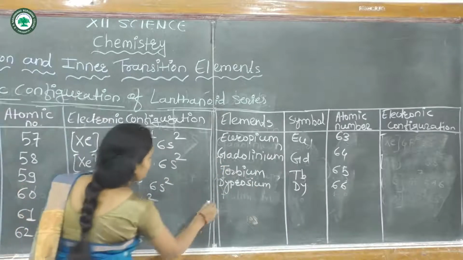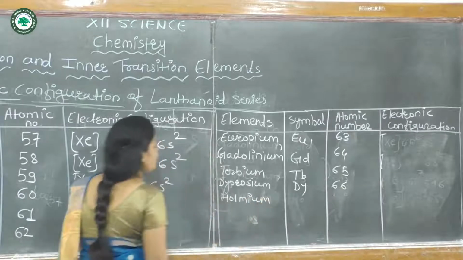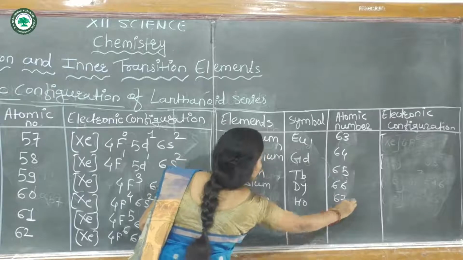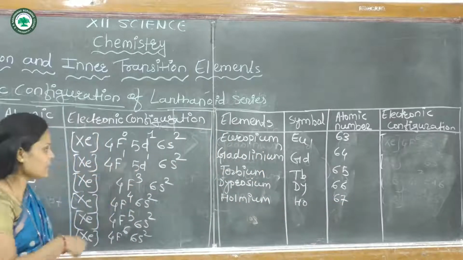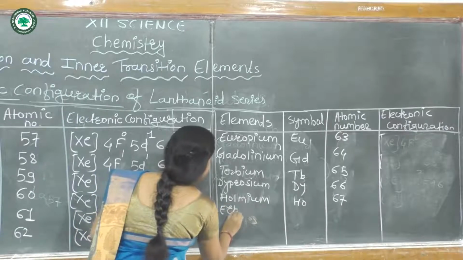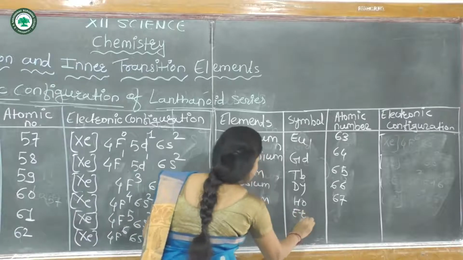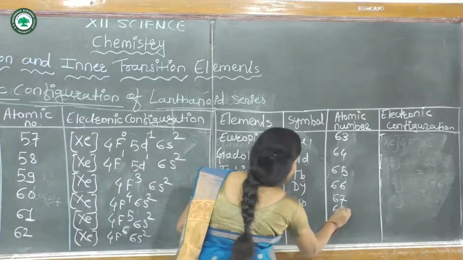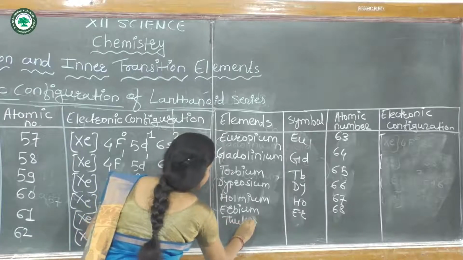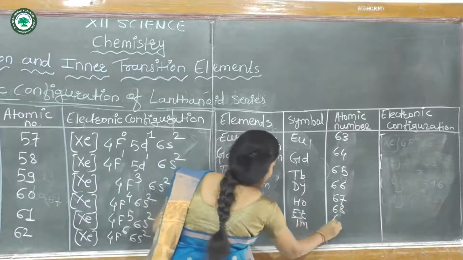Then holmium is Ho and atomic number is 67. I will discuss them one by one. Erbium is denoted by Er and atomic number is 68. Then thulium, Tm, 69.